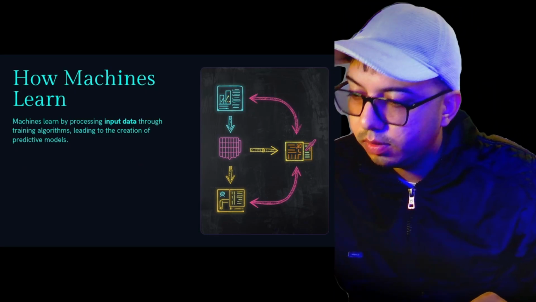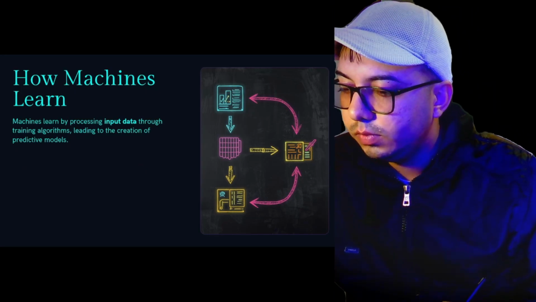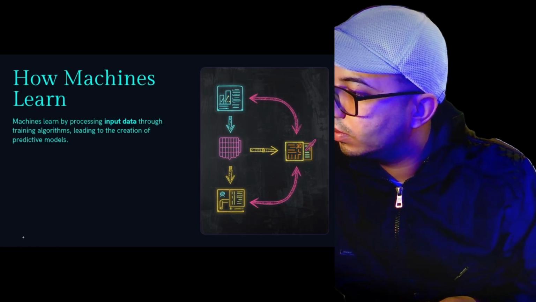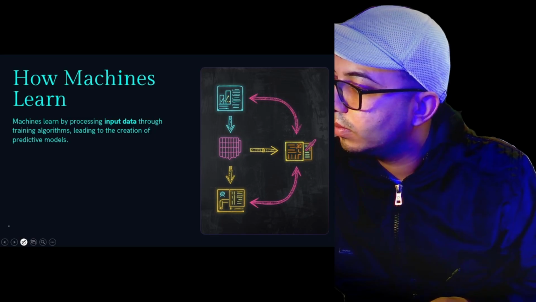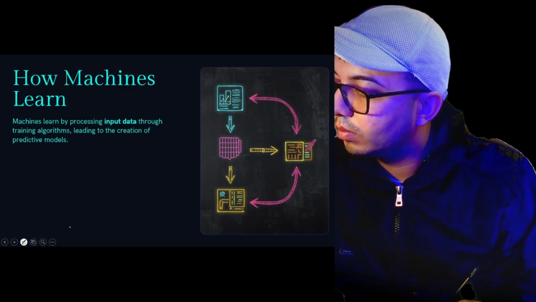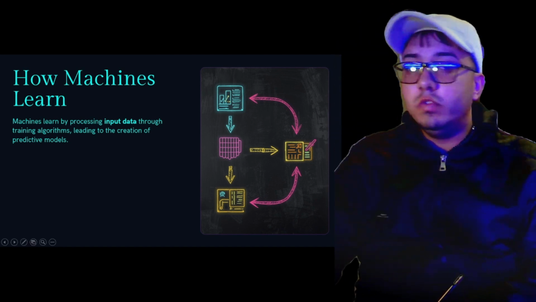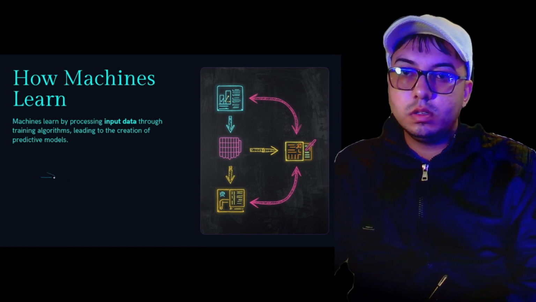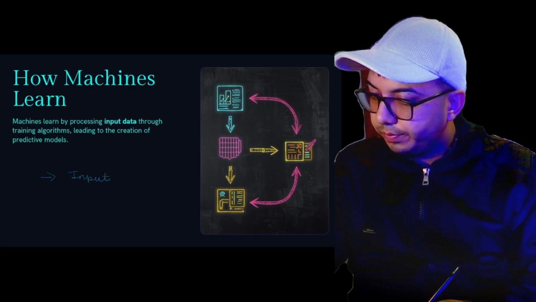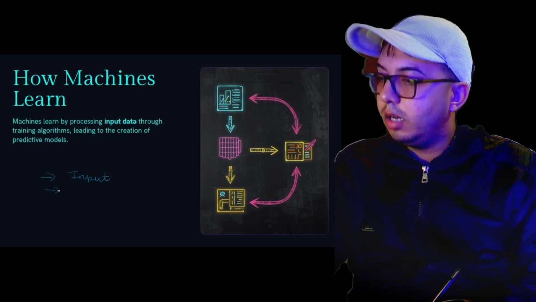So how does machine learning work? That's how learning happens. We provide inputs. Okay. Then an algorithm.